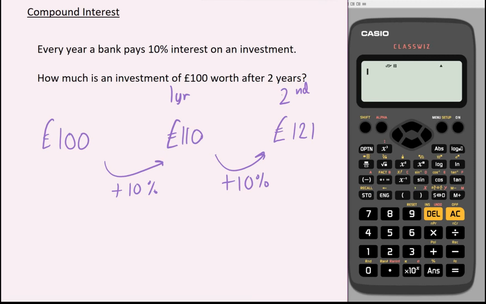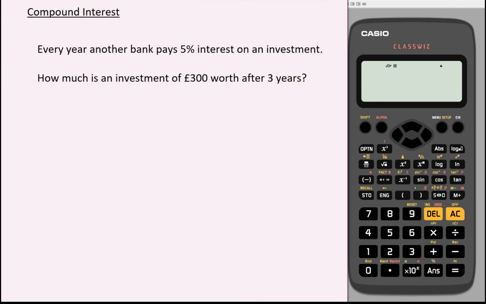Okay? Let's see that for a slightly harder example, and we'll see a shortcut for working these out. So same setup. I have a bank paying 5% interest on £300 for 3 years. So I start at £300. If I want to increase it by 5%, I'm going to times by 1.05. So that's going to be my first year there.